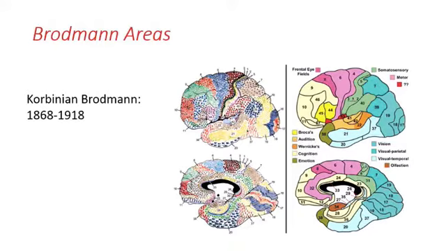I wanted to introduce this idea of Brodmann areas. The Brodmann areas were identified by a scientist named Corbinian Brodmann, who in the late 19th century used a particular stain to stain cells in the cerebral cortex.